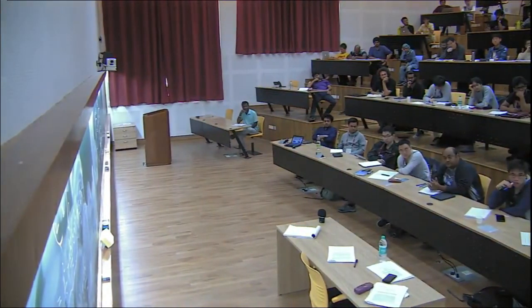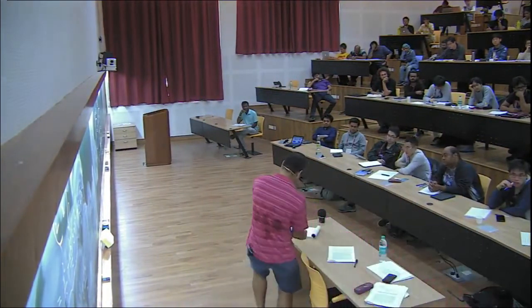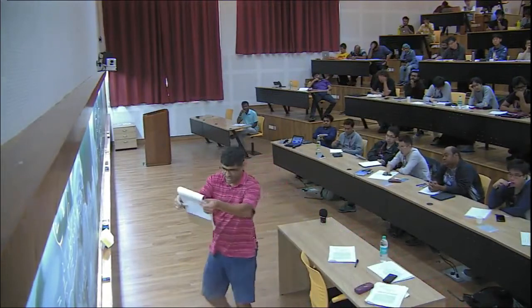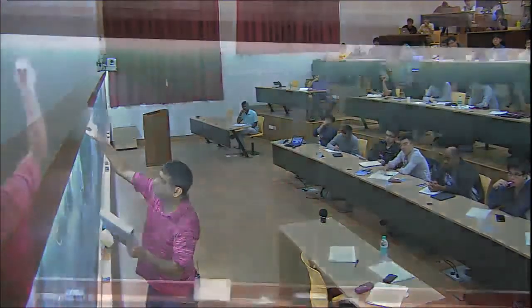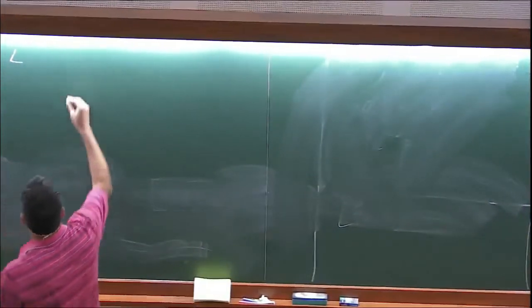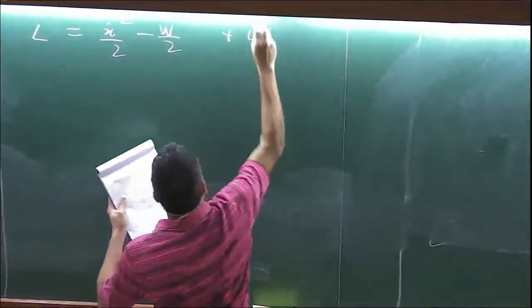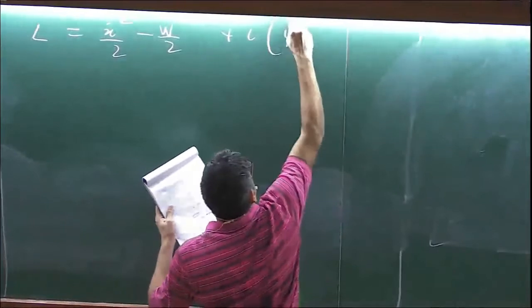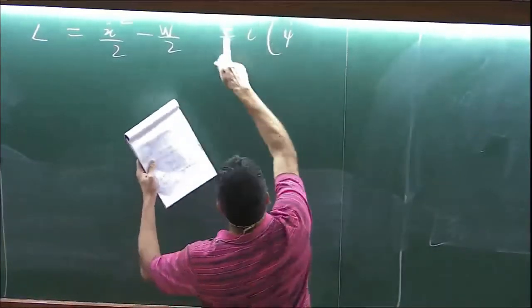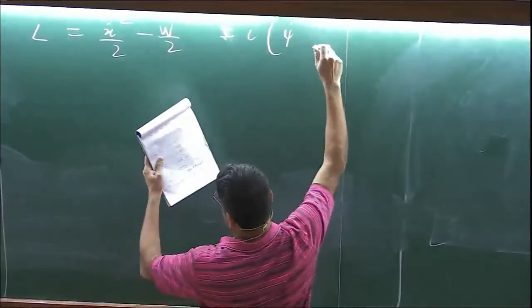So the Lagrangian we're going to write down is here. And here, I tried to work out all signs last night, but I won't swear I got them all right. L is equal to x dot squared by 2 minus w squared by 2 plus i psi dot, or maybe minus i. This is the sign I'm least confident of.